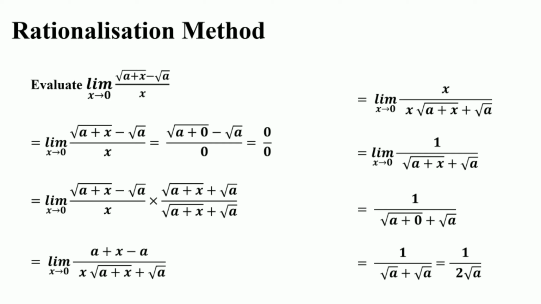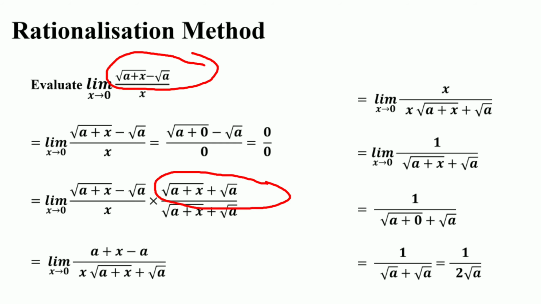Rationalizing, the technique for evaluating the limit, is based on multiplication by a convenient form of 1. We multiply the numerator and denominator by the conjugate of the numerator in this case. The conjugate of a plus b is a minus b. Similarly, the conjugate of root a plus x minus root a is root a plus x plus root a.